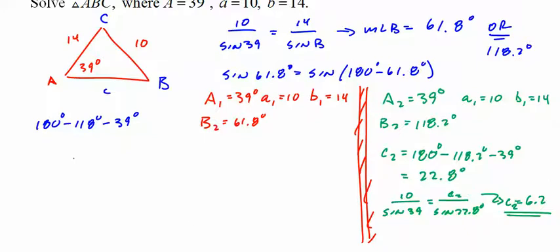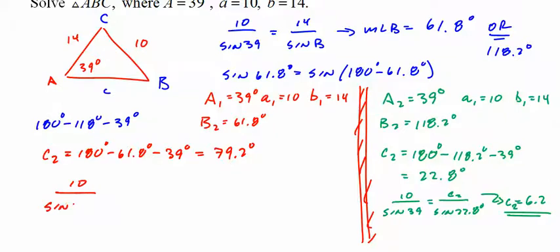Over here, we got to do the same thing. C2 equals 180 minus 61.8 degrees minus 39 degrees, 79.2 degrees. 10 over sine of 39 degrees equals, ooh, that's C1.